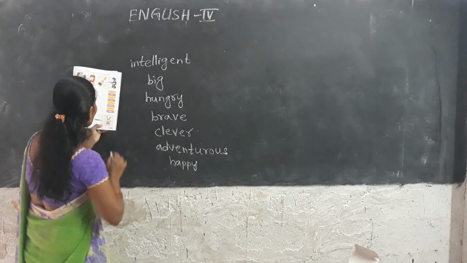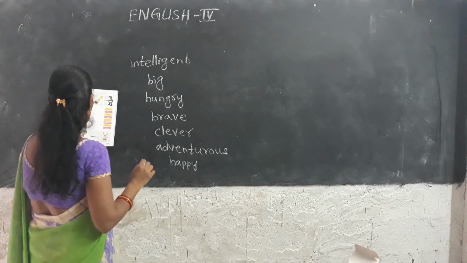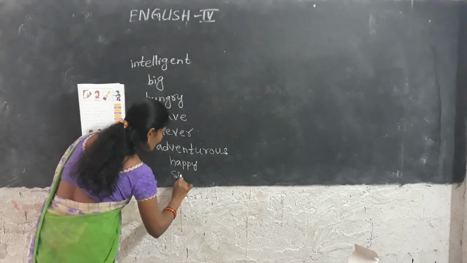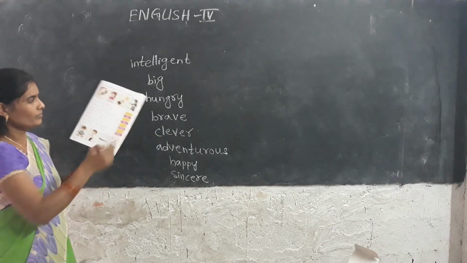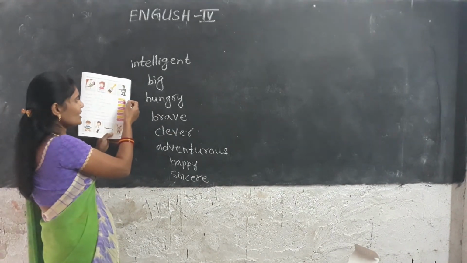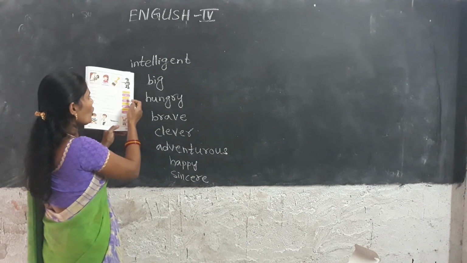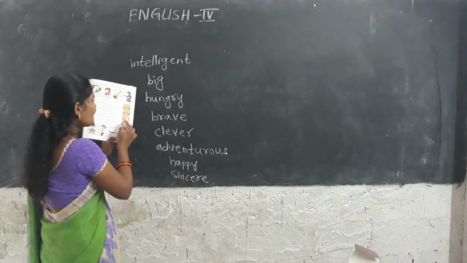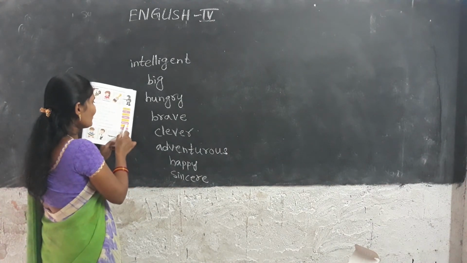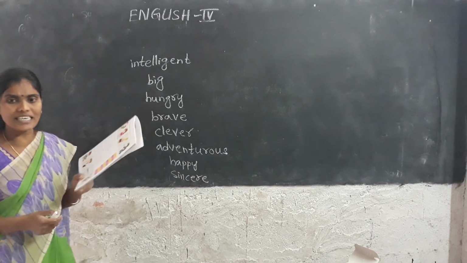The last one is sincere. First word is intelligent. Second one is big. Third one is hungry. Fourth one is brave. Fifth one is clever. Sixth one is adventurous. Seventh one is happy. Eighth one sincere.